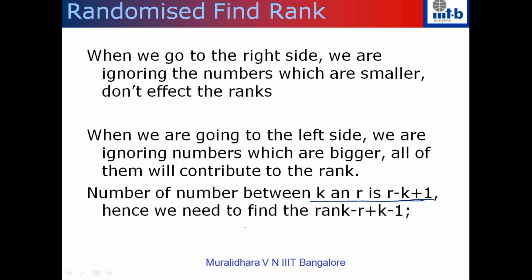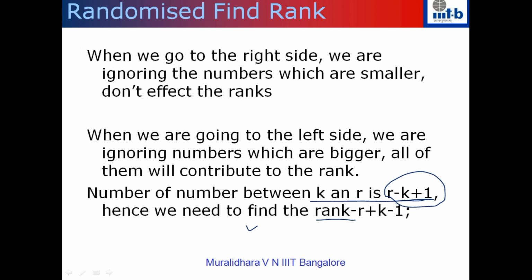So when I go to the left hand side, I need to find a rank which is rank minus r plus k minus 1, because when I consider the bigger side from L to r, I have to add so many numbers which will contribute to the rank.